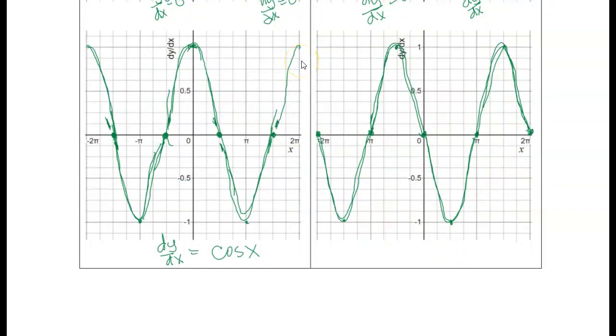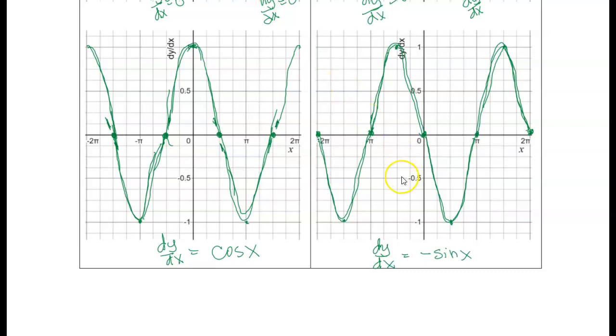Okay, so the derivative dy/dx is the negative sine of x. You can see it looks like sine, only it's reflected across the x-axis, right? So all the positive values are negative and the negative values are positive.